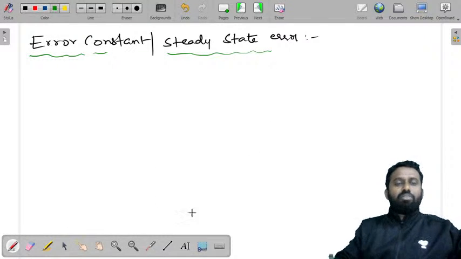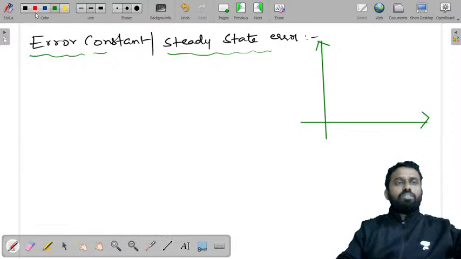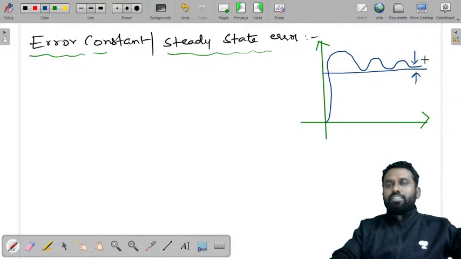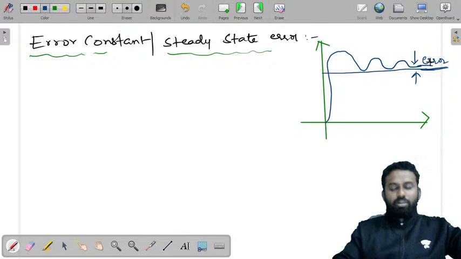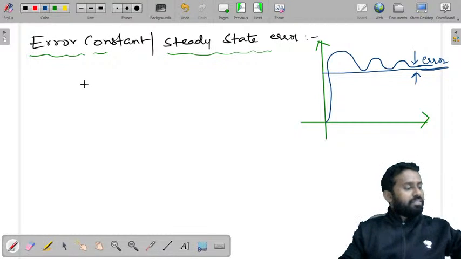Whatever second order system response we have seen just now, at the steady state, this is called the steady state error, the error between the actual output and the desired input. Whenever you get this error, you need to find what is the value of that error that you are getting.